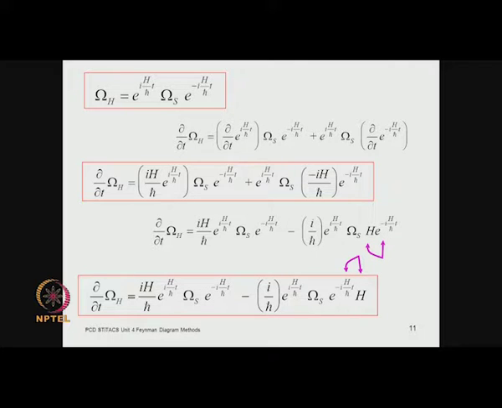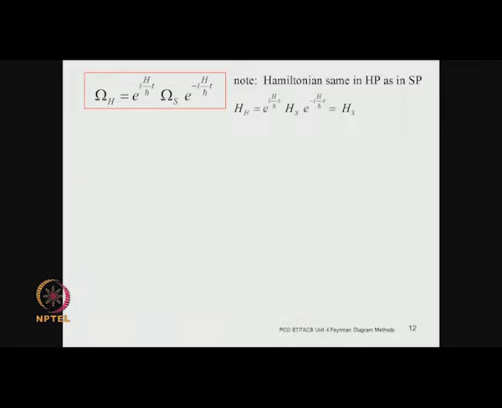So, naturally the two operators swap. So, if you interchange the positions of these two, you bring e to the minus i H over h cross t to the left of this omega S, and to the left of this operator H. So, this H now is written at the end rather than the penultimate position that it had in the previous step.